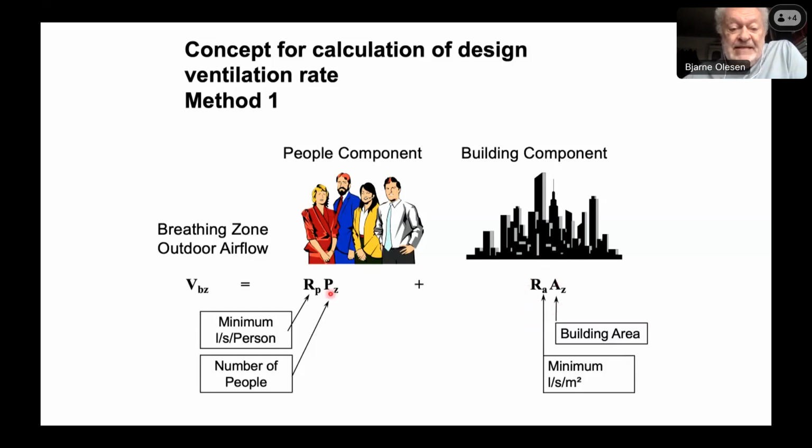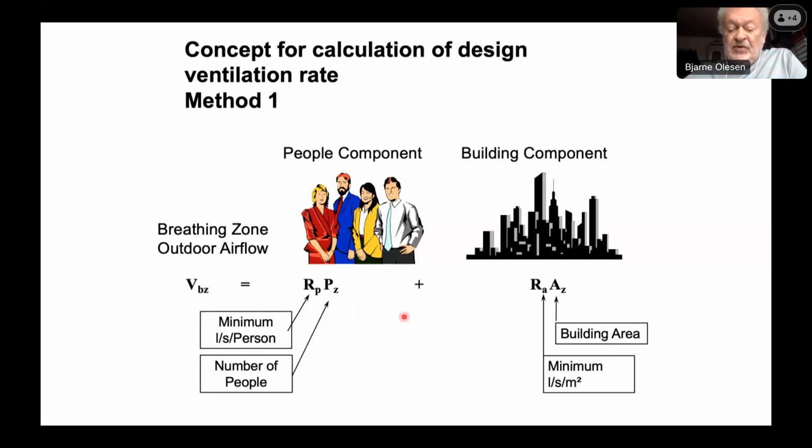And the basis for adding these, the building part and the person part, is referring to the influence on the perceived air quality for people in the space or coming into the space. So it's basically how you perceive the odor level and the irritation that form the basis.